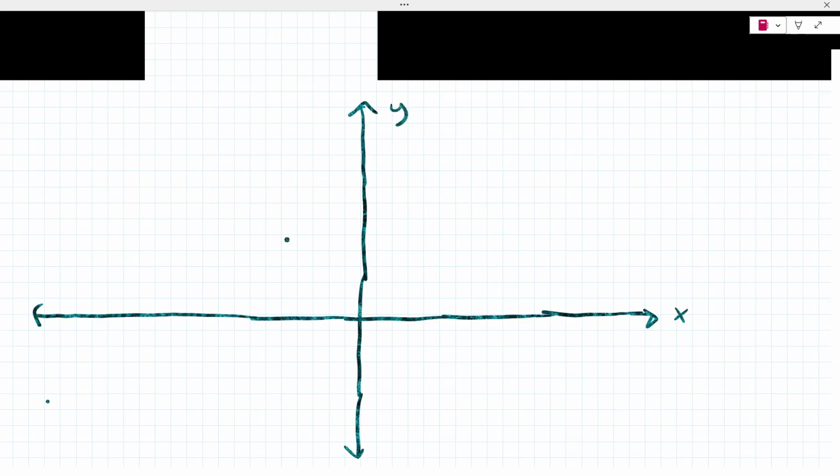Okay, so y equals x squared is a parabola like this. And then x equals 2 is going to look like this.